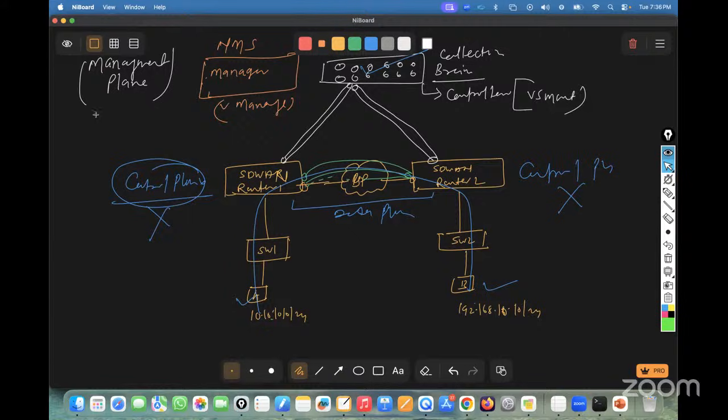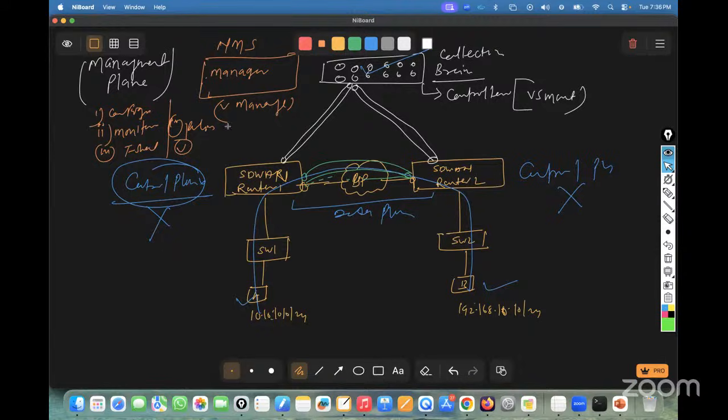This device is responsible for doing all configurations. If you want to do monitoring, if you want to do troubleshooting, if you want to create policy, software upgrades, any management-related work, you can do it as the manager.